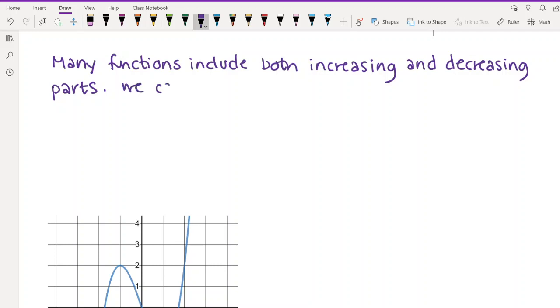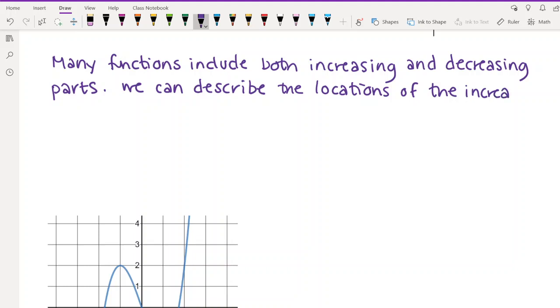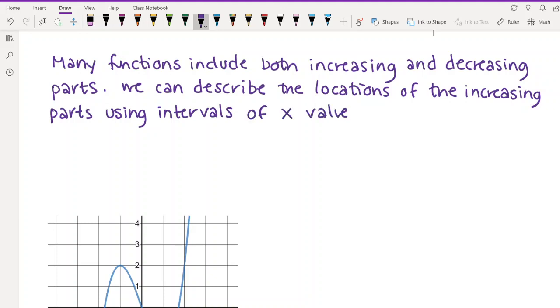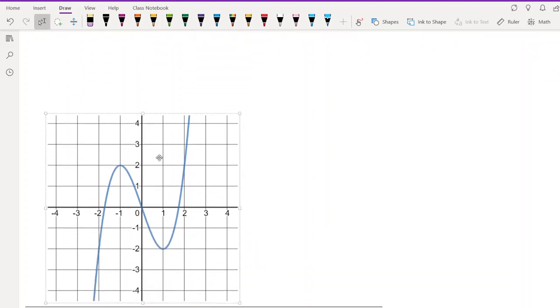So we can describe the locations of the increasing and decreasing parts using intervals of x values. You'll see what I mean by that when we look at this example.